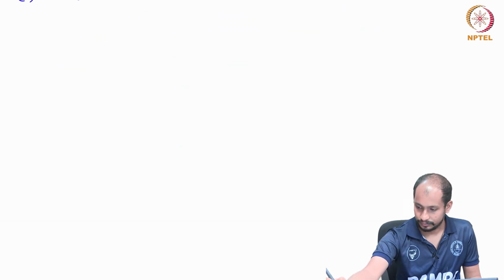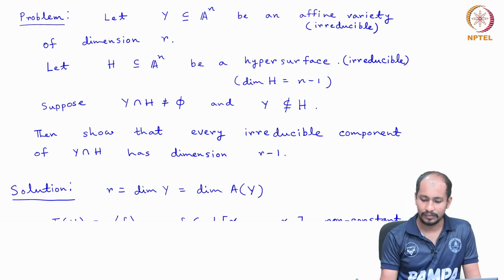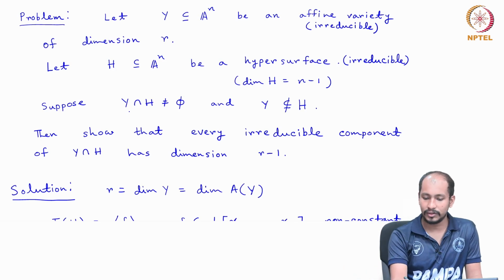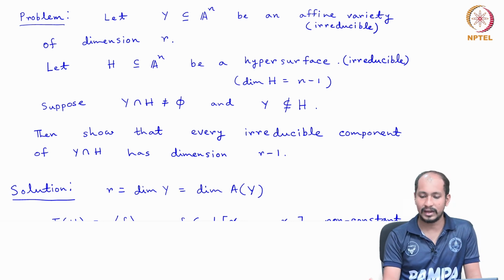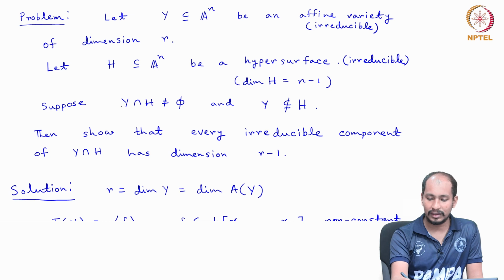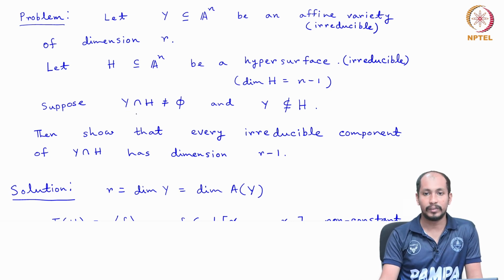Now here in the first problem, notice that we have assumed that when we have a hypersurface H in A^n and an affine variety Y inside A^n, then Y intersection H is non-empty.